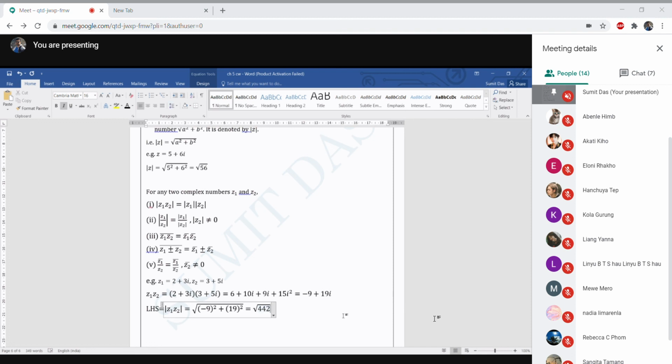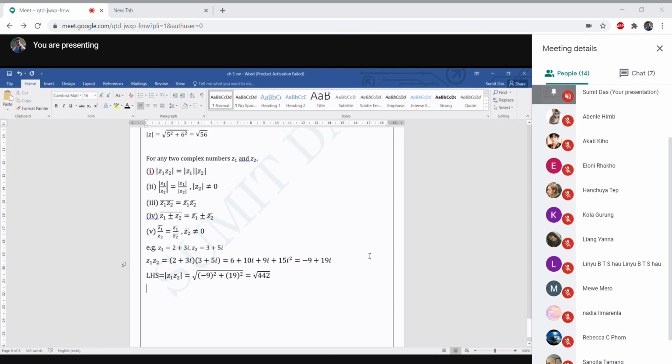This is our value of this. Now we have to find mod z1 and mod z2 separately, then we will find their product. Mod z1: z1 is 2 plus 3i, right? So mod z1 will be square root of 2 square plus 3 square. 2 square is 4, plus 9, it will be root 13.